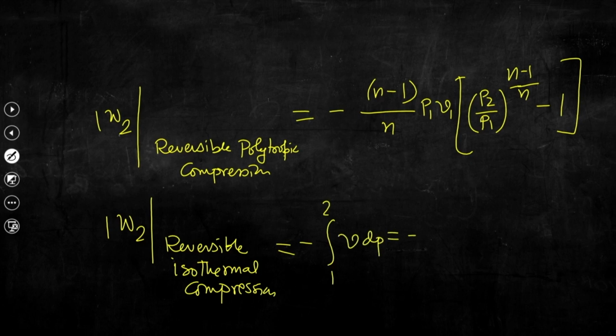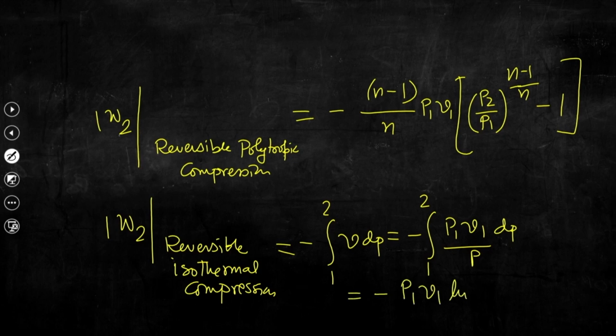So, that is minus 1 to 2, PV is equal to constant, so constant by P, that is P1 V1 by P into dP. That means this is equal to minus P1 V1 ln P2 by P1.